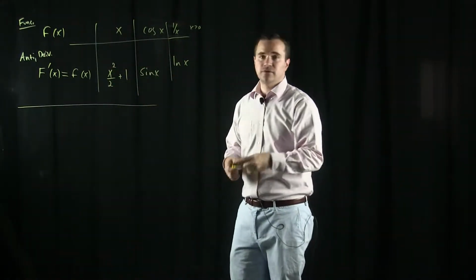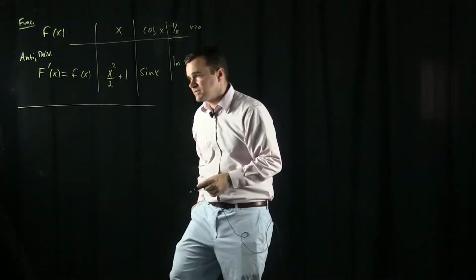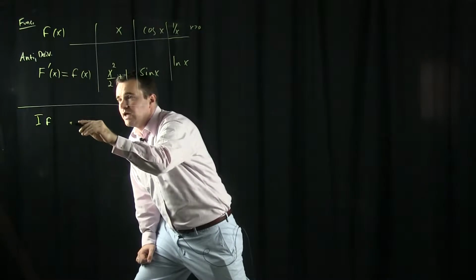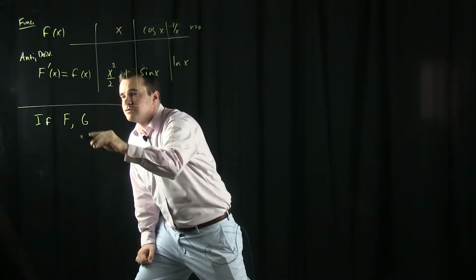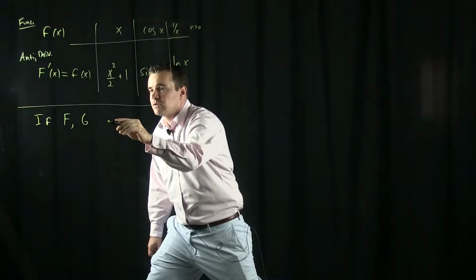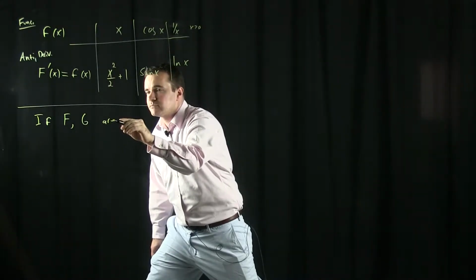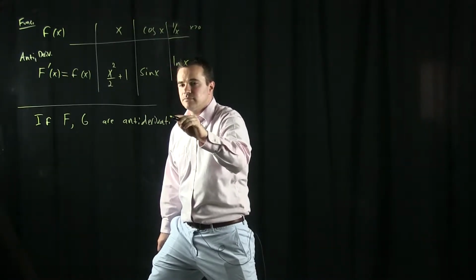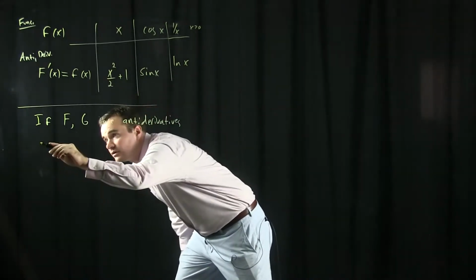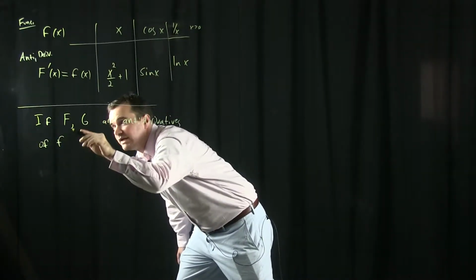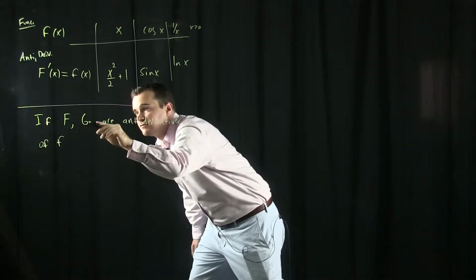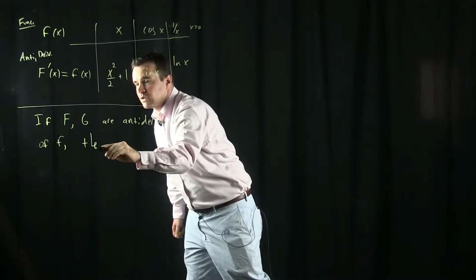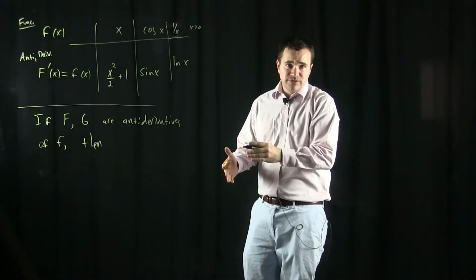I can show you that with a little mathematical theorem, and here's what it says. If capital F and capital G are two antiderivatives of the same function, say they're antiderivatives of little f, meaning that the derivative of capital F is little f, and the derivative of capital G is little f, then F and G must differ by a constant.